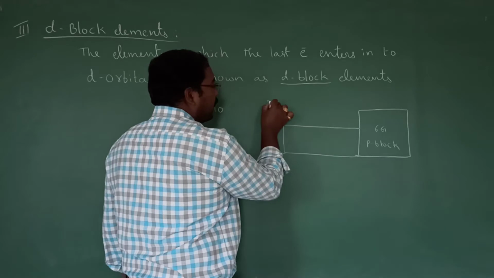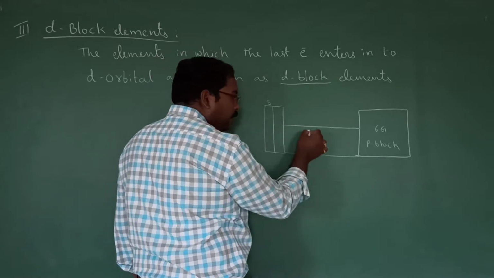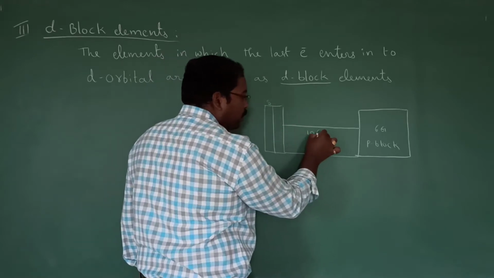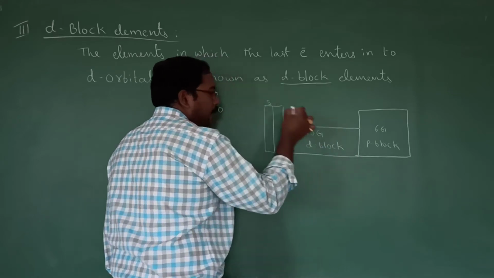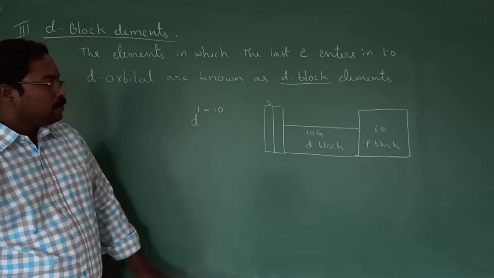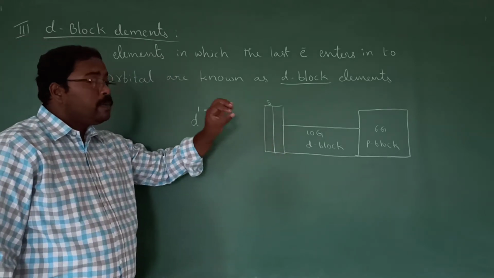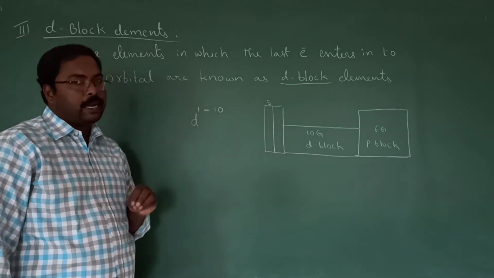So this is s block. Now in the middle, these 10 groups come under d block elements. So remember which groups come under d block.